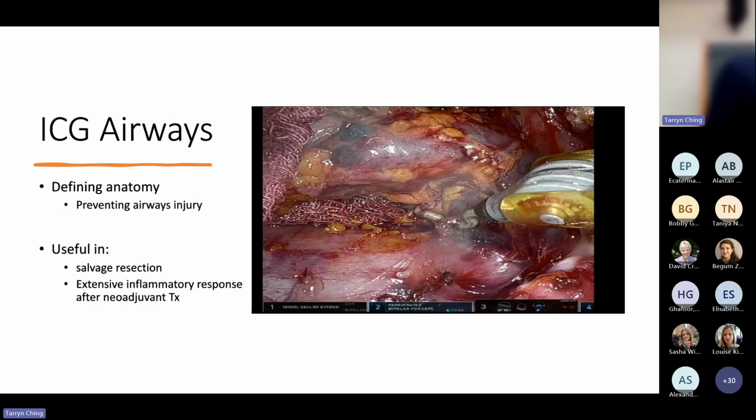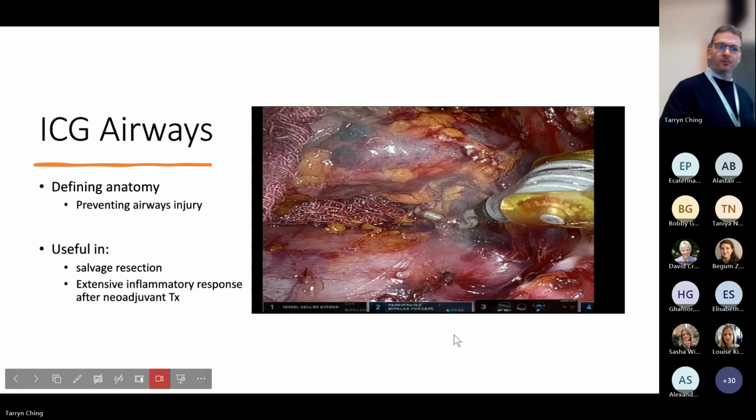But I think that in salvage resection, so post-chemoradiotherapy, where there will be quite a lot of scar tissue, or in those patients who have an incredible response to neoadjuvant treatment, and every single lymph node or the primary tumor will be involved in quite an extensive inflammatory process, I think it could be a useful way of guiding your surgery.